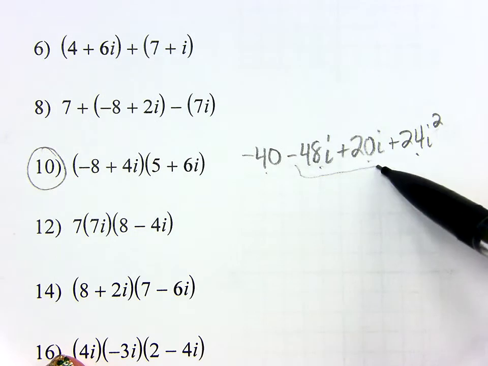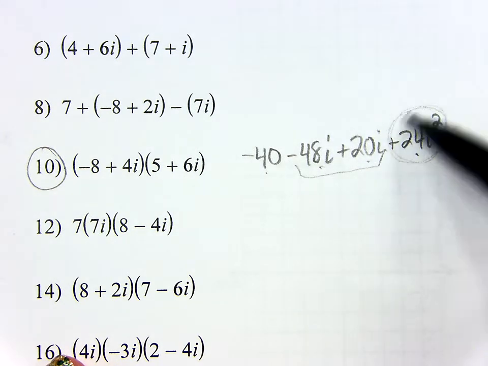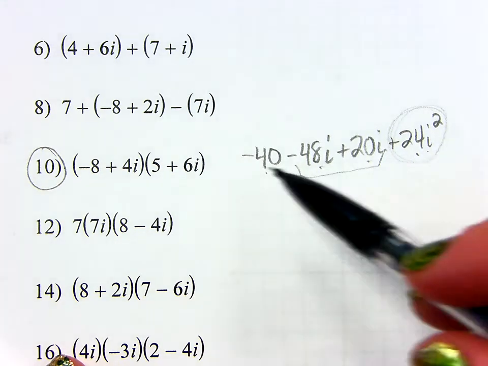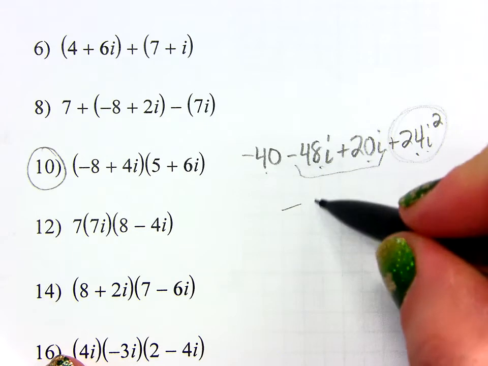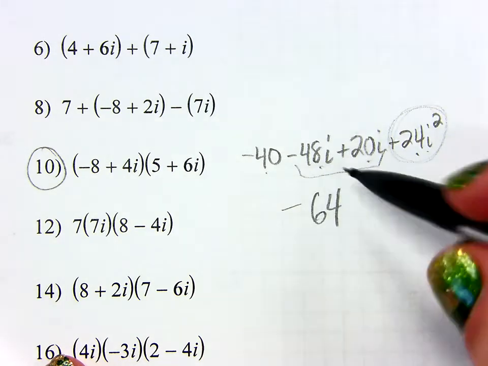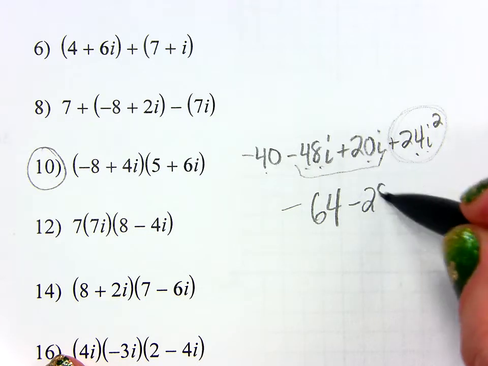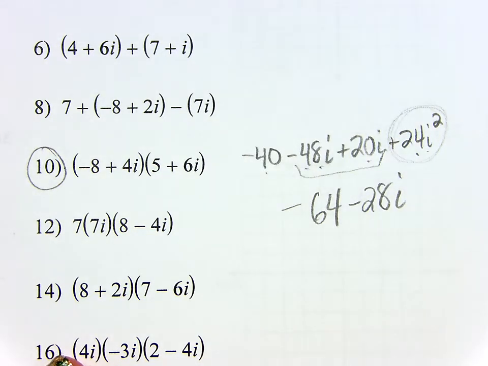I can combine these two i's in the middle, and I recognize that that's now going to turn into negative 24. So when I put negative 24 with negative 40, I should get negative 64. And then these two would be, what, negative 28i? And I can't go any further than that, so that's it.